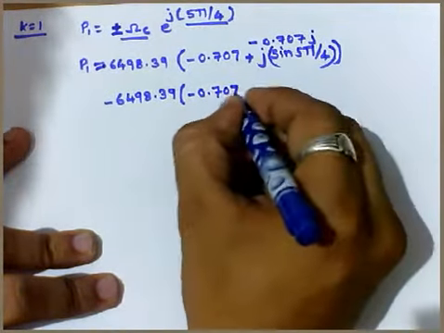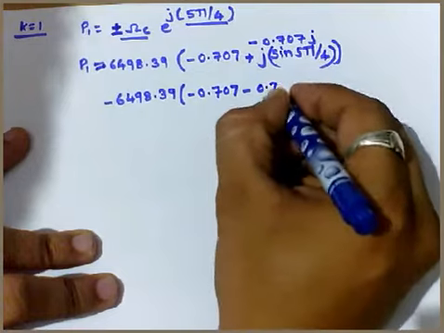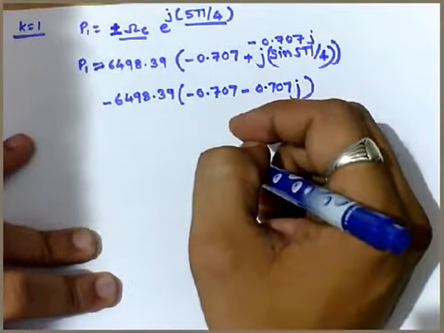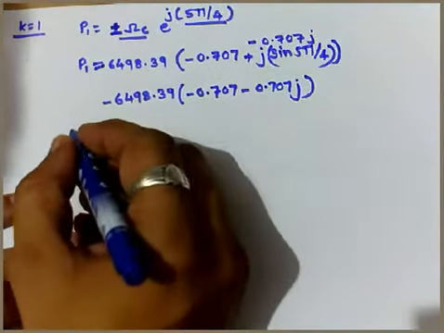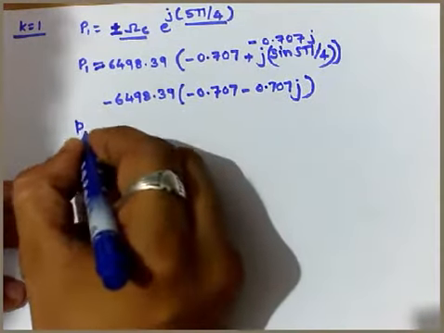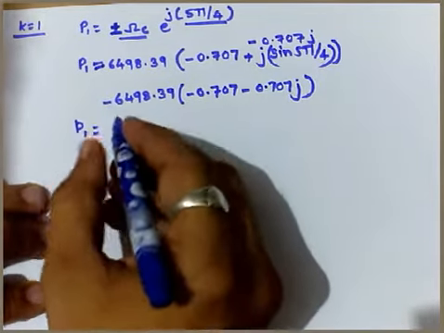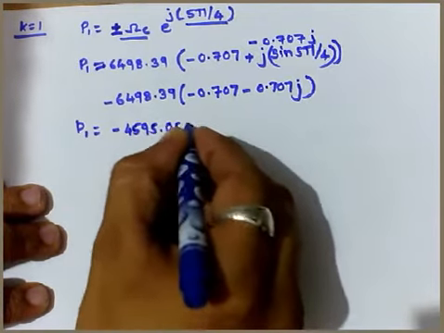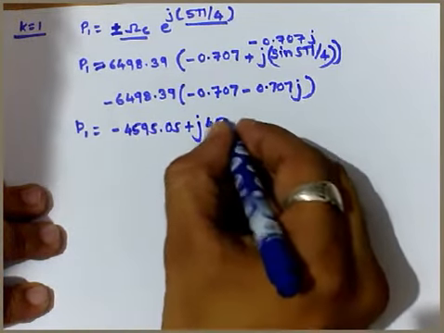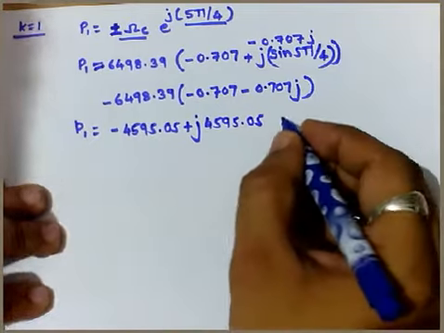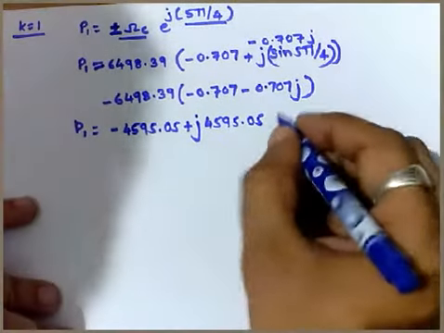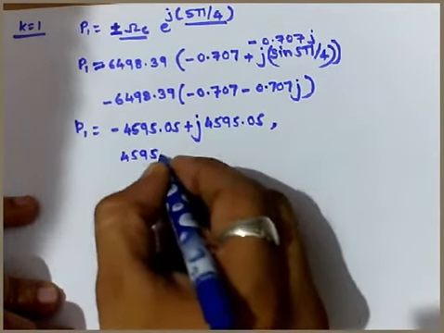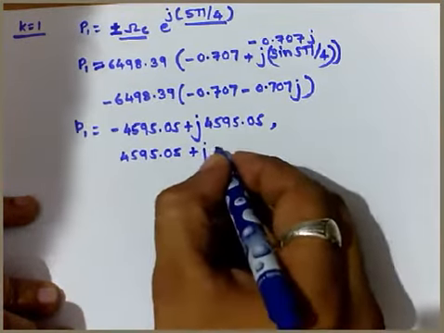So let me write it directly in the second equation. After solving it, the P1 will become, in a simplified way, minus 4595.05 plus j 4595.05, and the second term is nothing but 4595.05 plus j 4595.05.